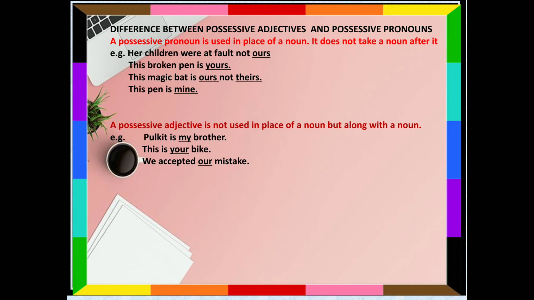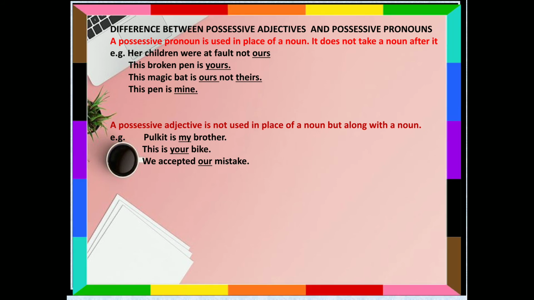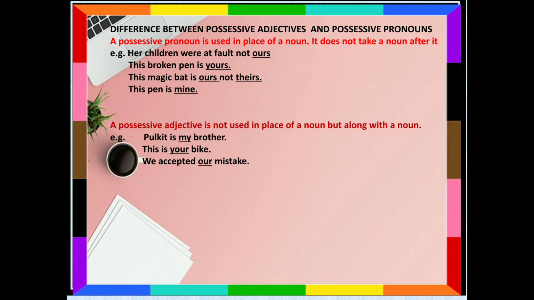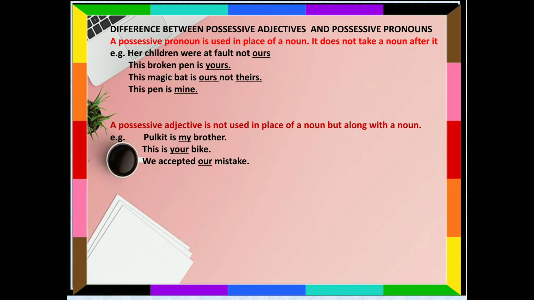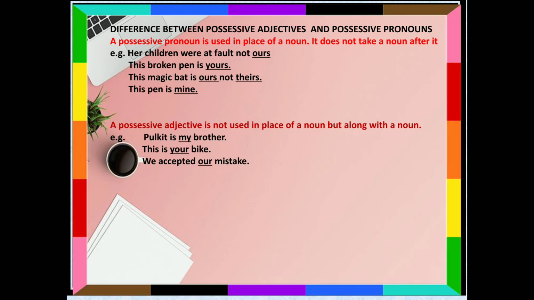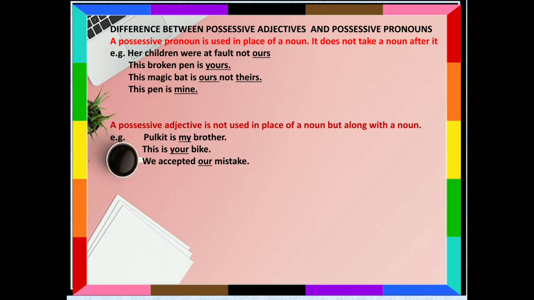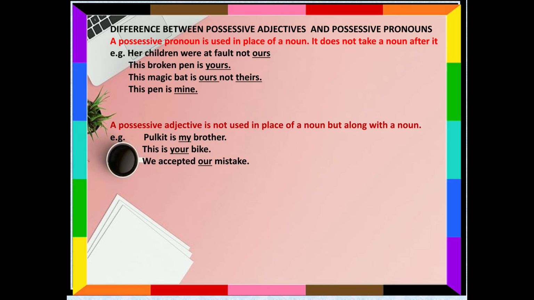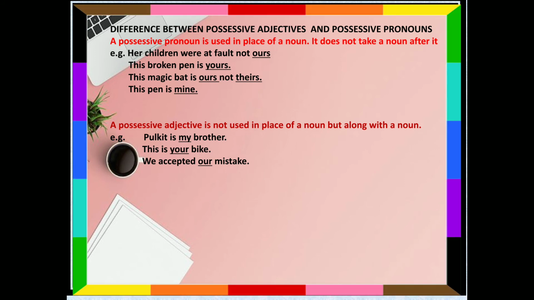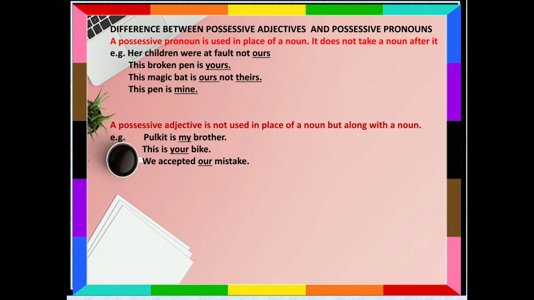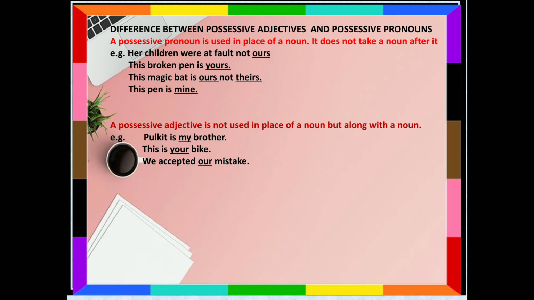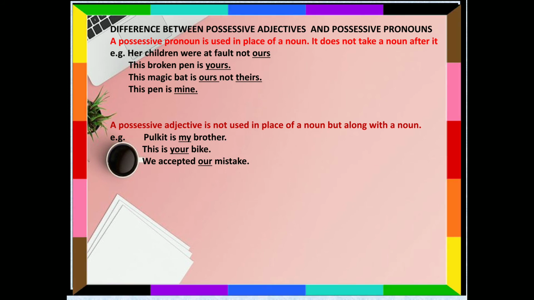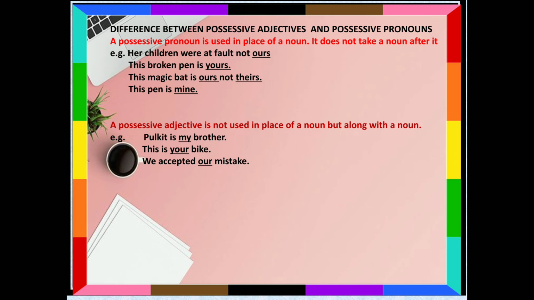And possessive pronoun, it will be mine, ours, yours, his, hers, theirs or its. But now we will learn what is the difference between these two. So let's read it. A possessive pronoun is used in place of a noun. It does not take a noun after it. Let's read the example. Her children were at fault, not ours.